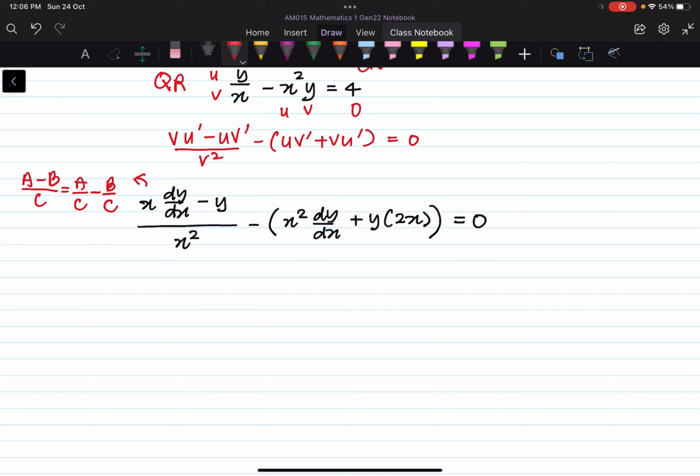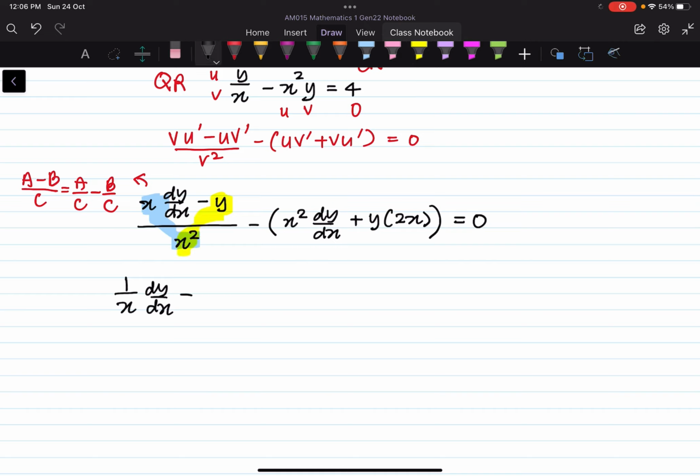So for x dy dx minus y over x squared, we can simplify as x dy dx divided by x squared, so we're going to get 1 over x dy dx minus y divided by x squared.